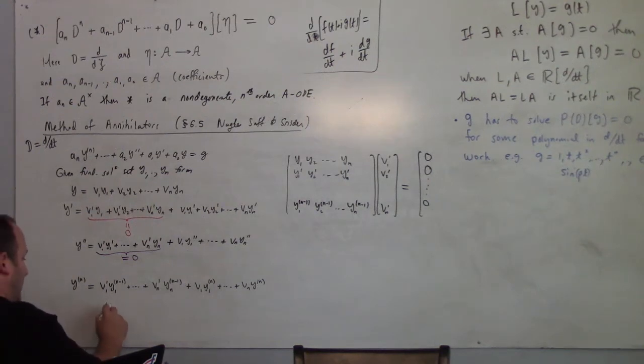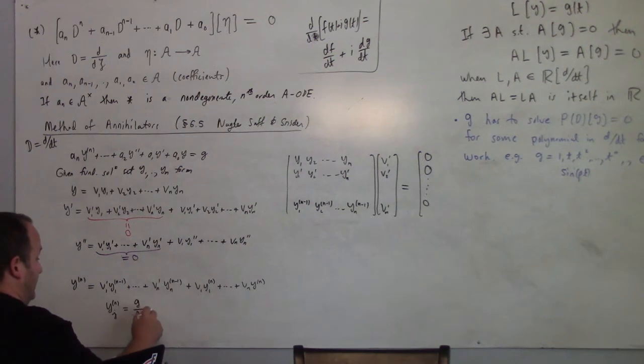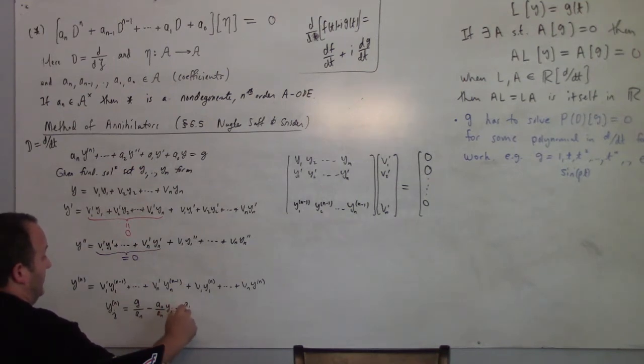So let's say yj, the nth derivative, is equal to g over an, minus a0 over an yj, minus a1 over an yj prime, minus an minus 1 over an yj, n minus 1th derivative.